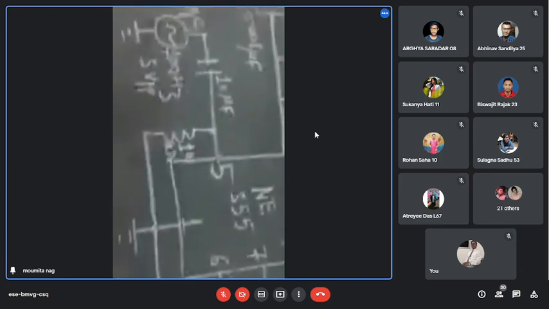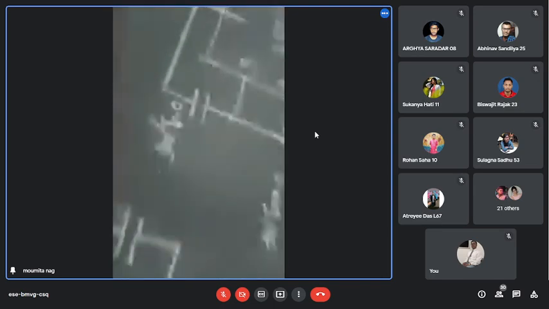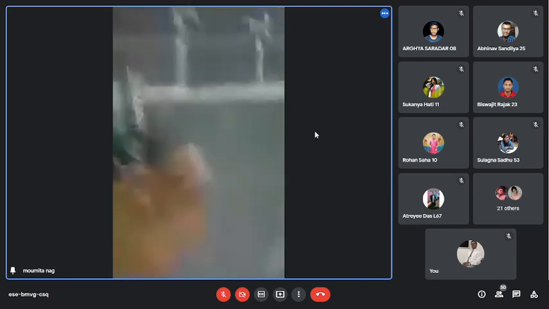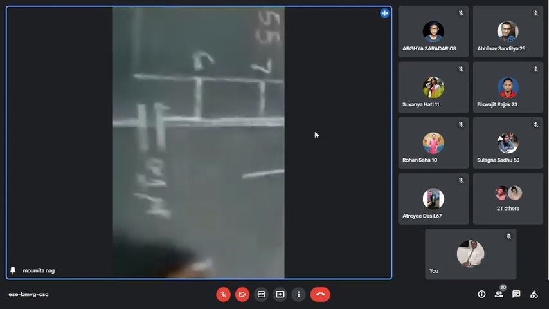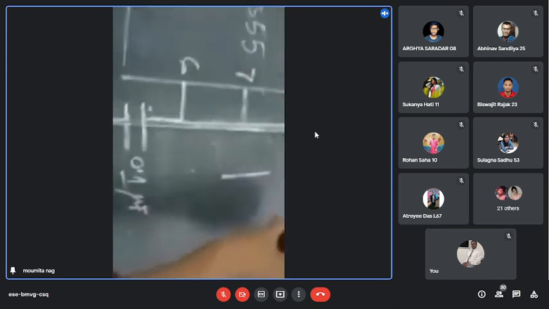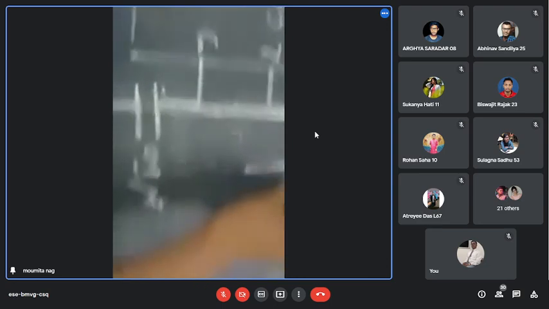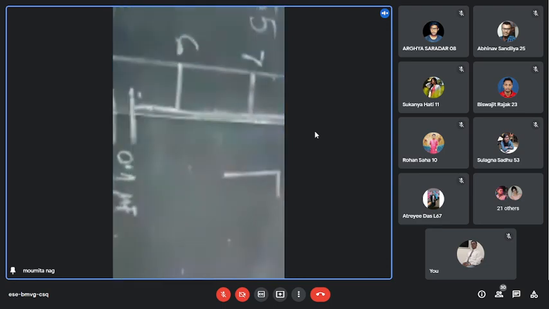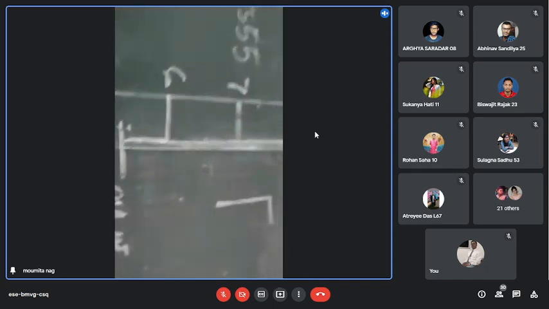And for the working of the timer, what is the output of the monostable mode? Monostable means one stable state. One state is stable and one state is unstable.